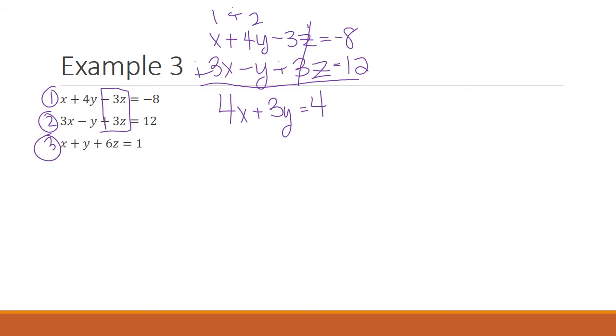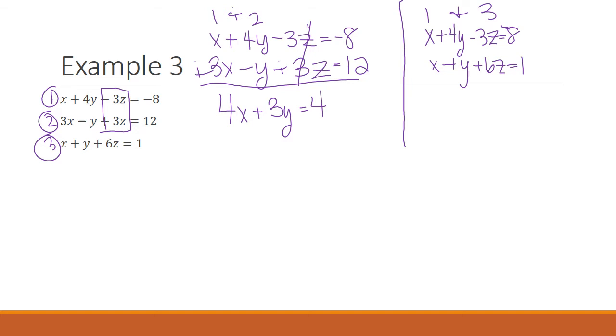So let's combine equations 1 and 3 next. I've got x plus 4y minus 3z equals negative 8, and I have x plus y plus 6z equals 1. Okay, so how can I get these to cancel out?